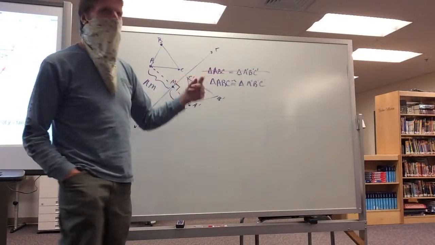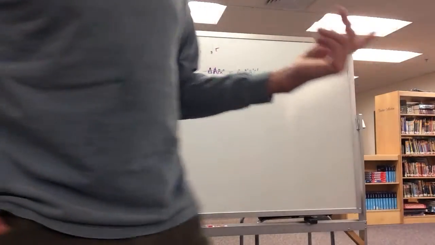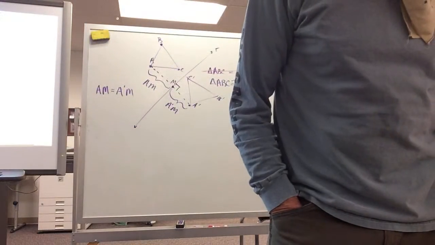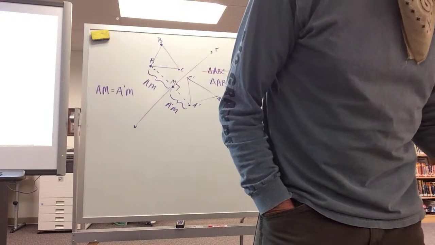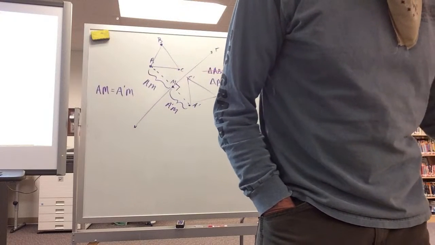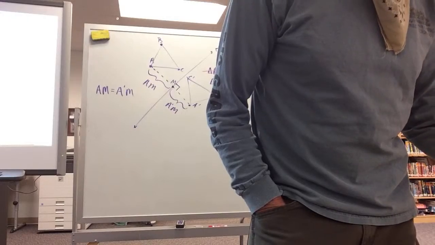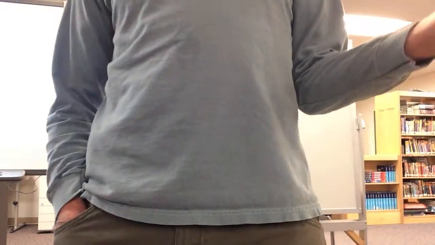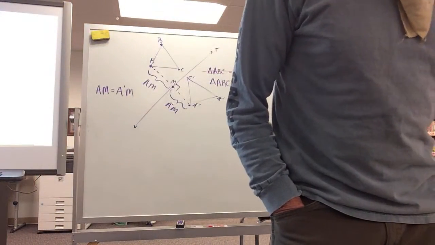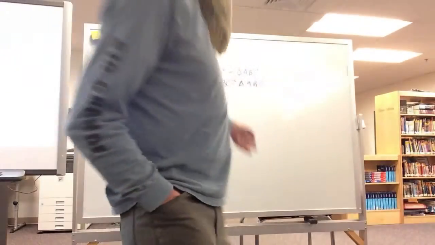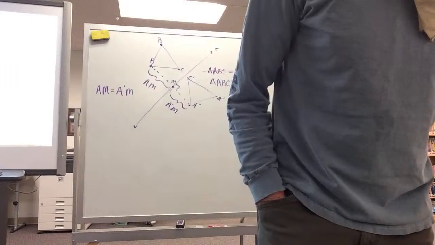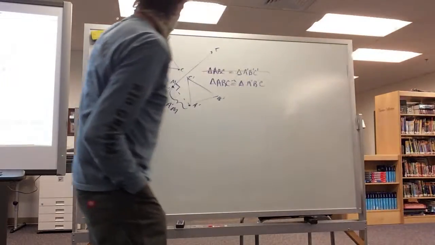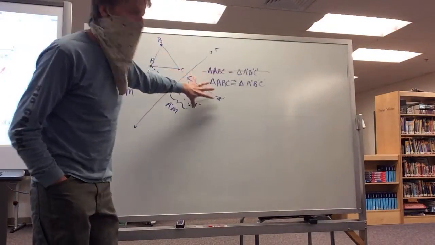For example, for question number 8 on the back, it says the reflection of A over M is equal to D, the reflection over M of B is equal to E, and of C is equal to F. The justification is that it's just given information. But then you go to the next step, number 2, and they say, now that we reflected this triangle, kind of like what I did here, we're going to say that the reflection of this is equal to this.